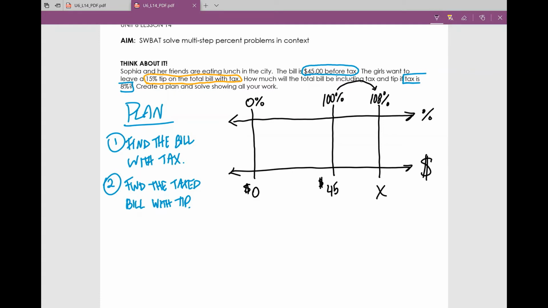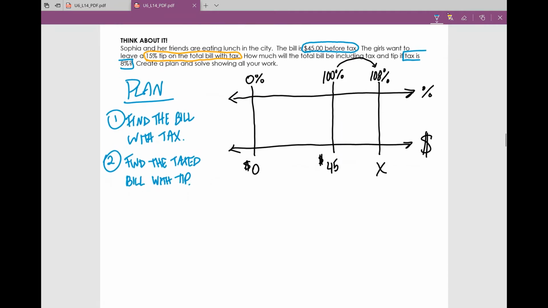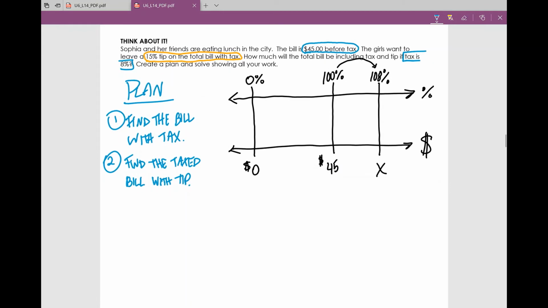So now we can take that equation that we've been using just about all last week, and we can plug in. This is our whole. This is our quantity. This is our percent.